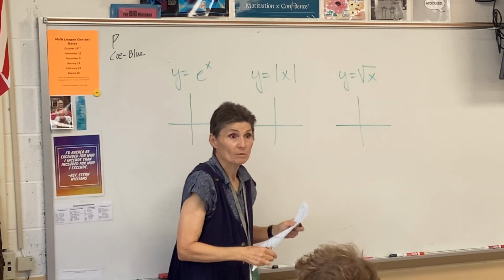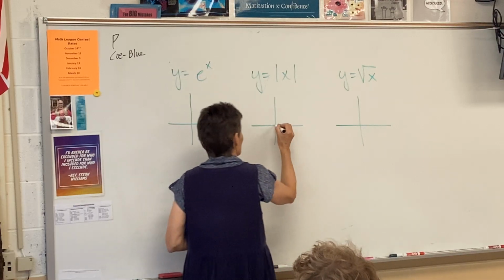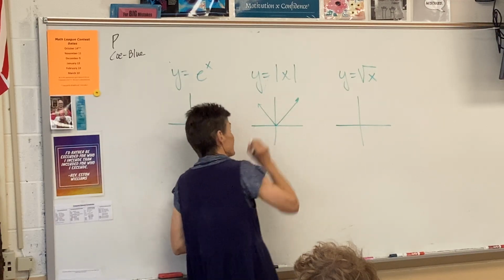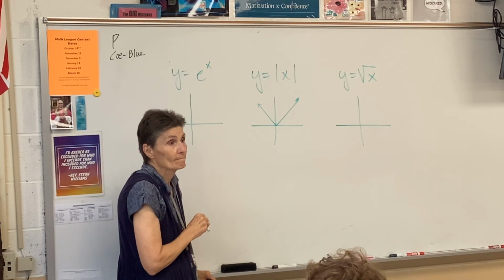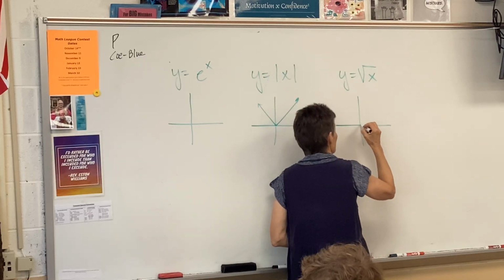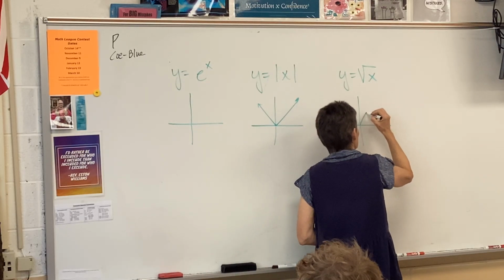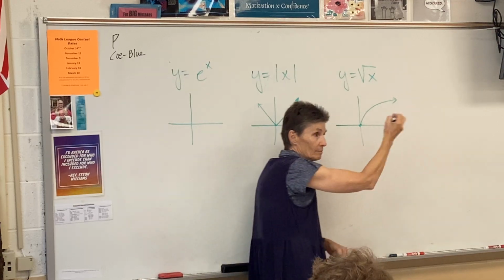Absolute value. Absolute value is a V. Yep. Absolute value V. So hopefully you can sketch that one in. Is the square root one like a line? It's actually not a line. The square root one is the one that goes up and out like this. So it has a curve to it.